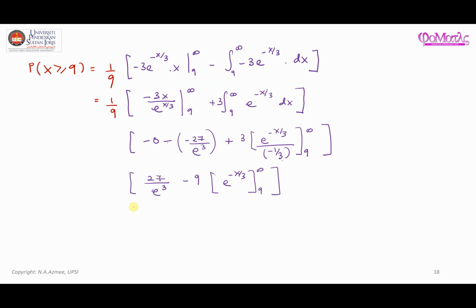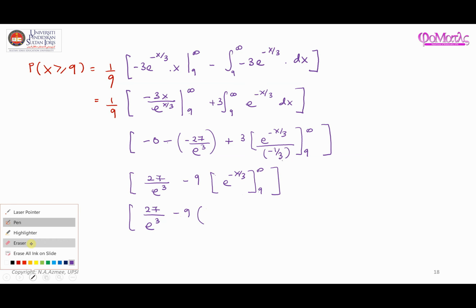Next I have 27 over e^3 minus 9. If you evaluate this, this one here can be written as the same thing as 1 over e^(x/3). If you plug in the value of infinity into this part, then this bottom value is going to be very large.